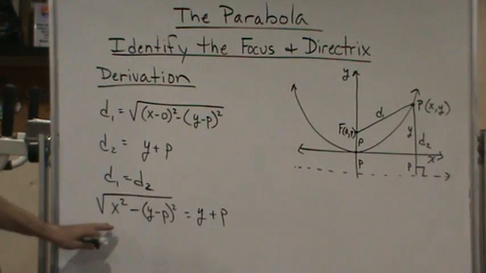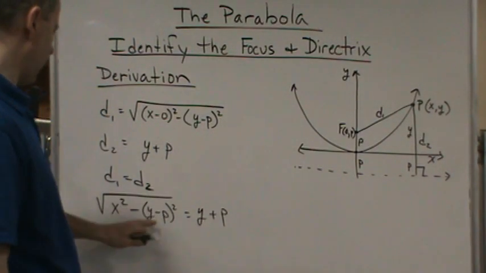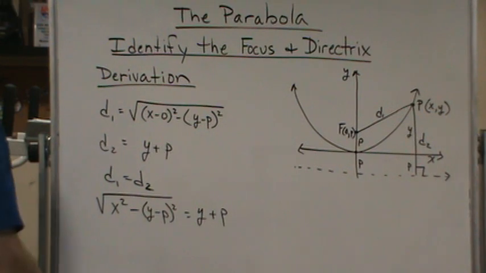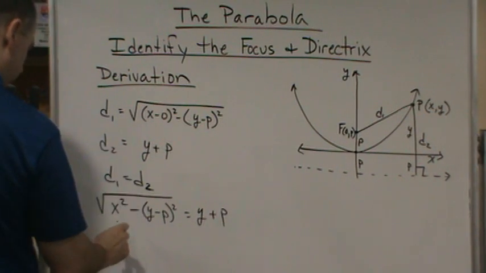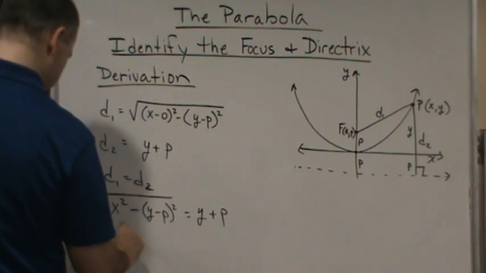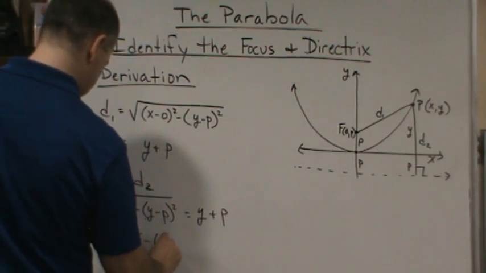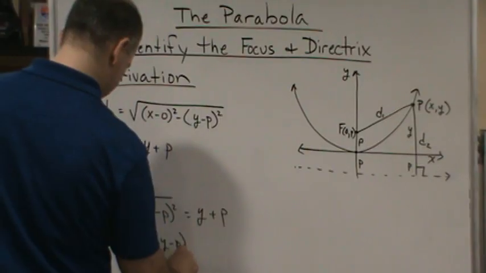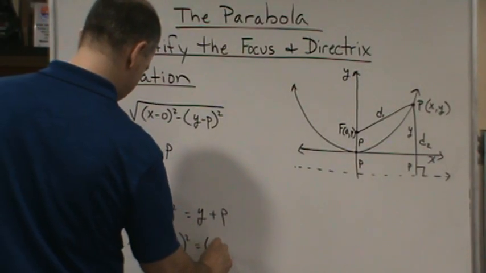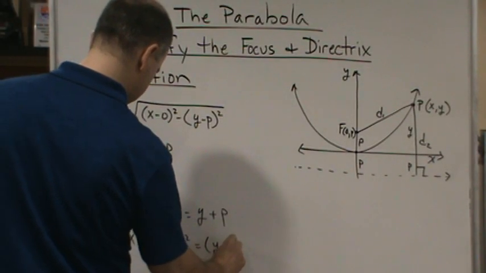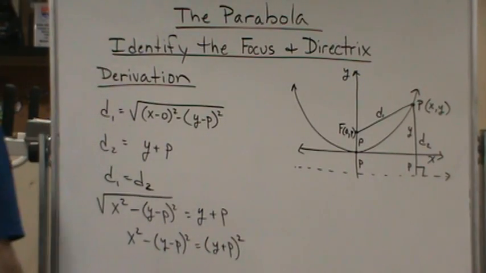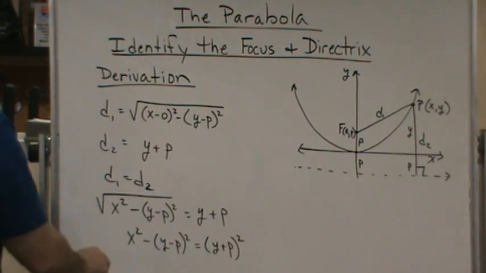Now the first thing I'm going to do is square both sides to get rid of the radical. So we'll square both sides and we'll get x squared plus y minus p quantity squared is equal to y plus p quantity squared. Now I'm going to expand everything out.